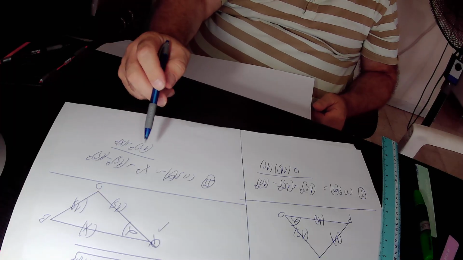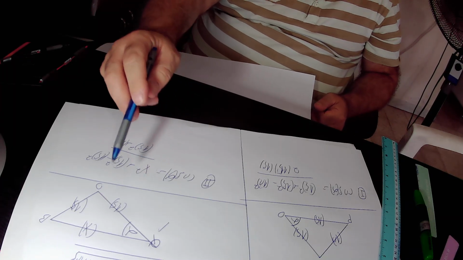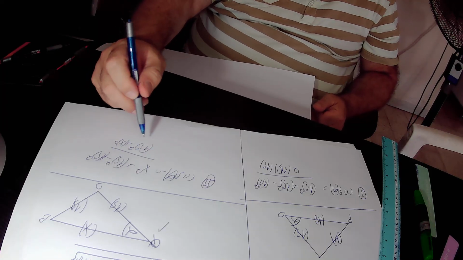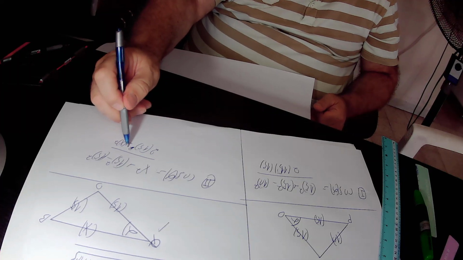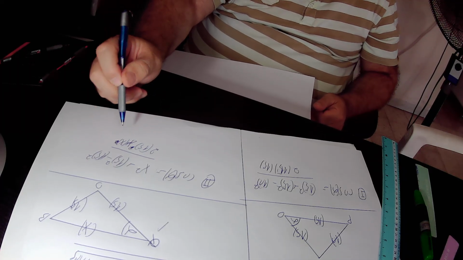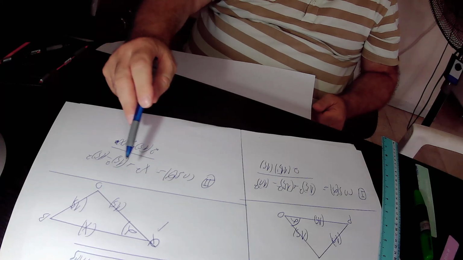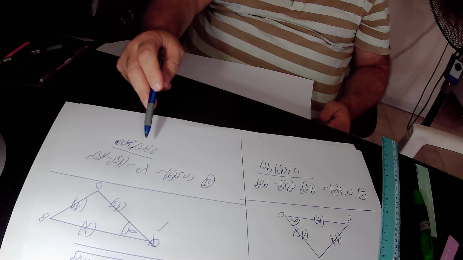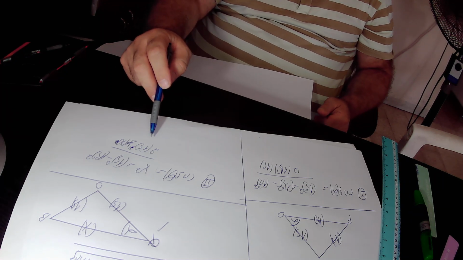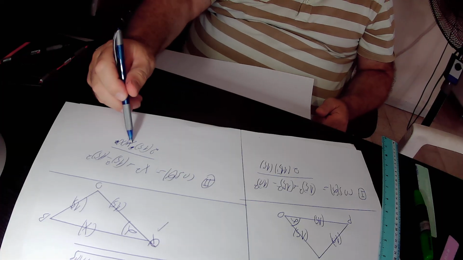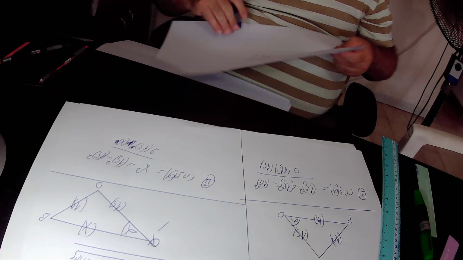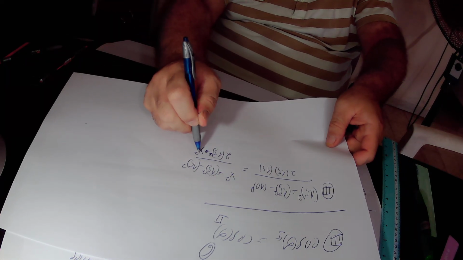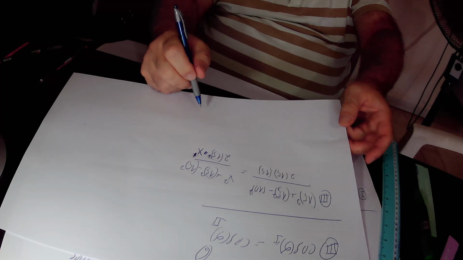Here we have 15 squared plus x squared minus 15 squared over 2 times 15 times x. Okay, I made a mistake. We have to divide it by 2 times 15 times x.